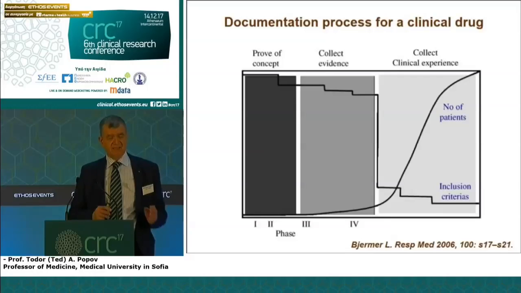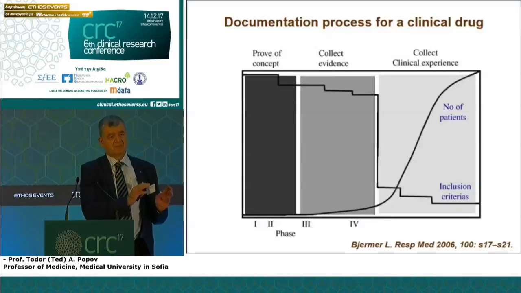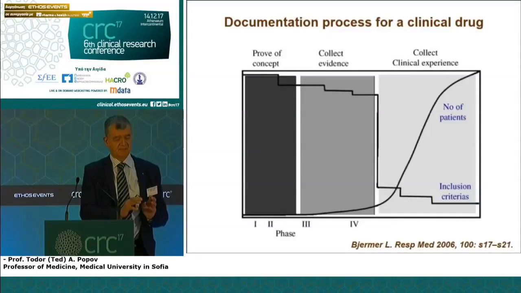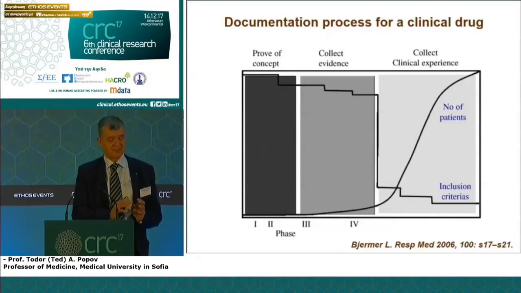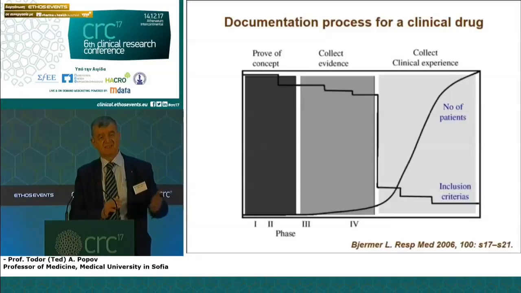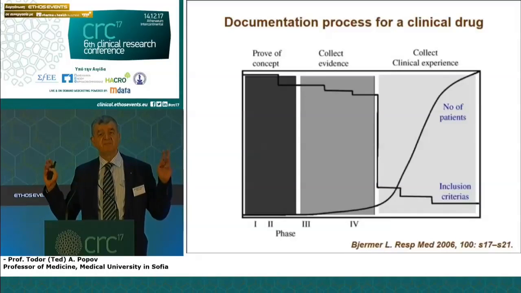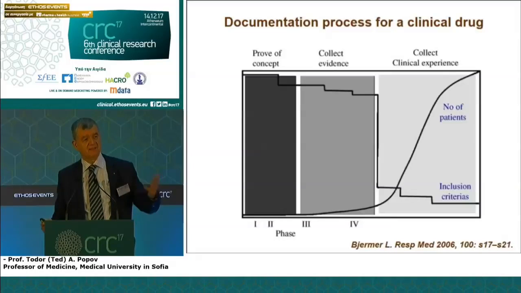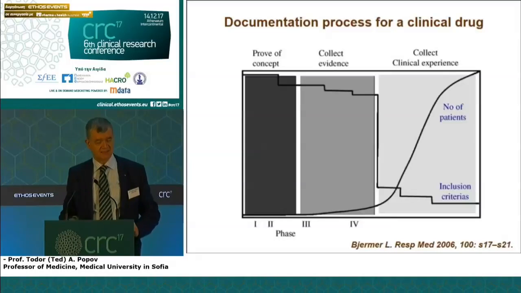And this is because when you set up eligibility criteria, inclusion and exclusion criteria for selection of patients, in the different phases of the clinical research, you exclude a substantial number of real-life patients which you would otherwise treat if you are practicing medicine.